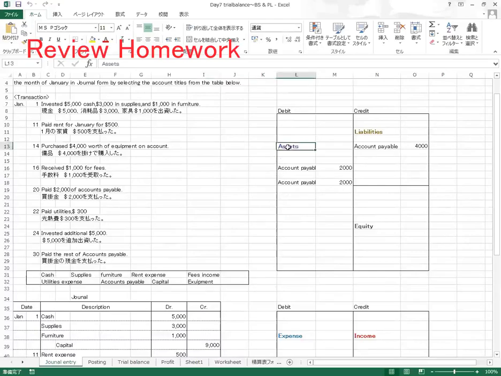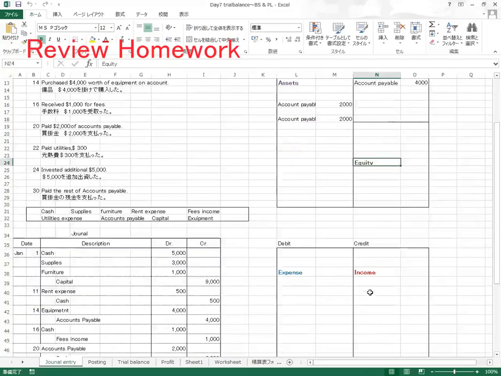For assets and liabilities: the asset home position is the debit side, the liability home position is the credit side, equity is the credit side, and income's home position is the credit side. For expense, the home position is the debit side.